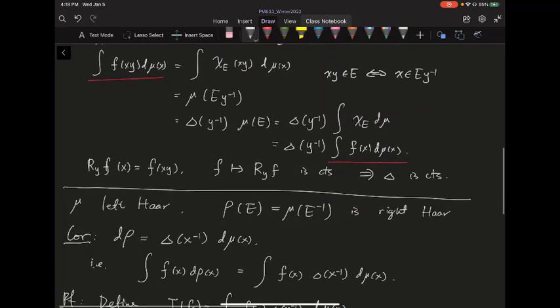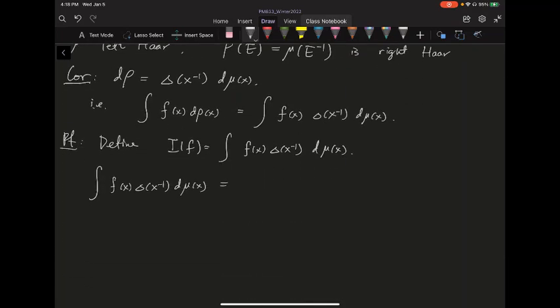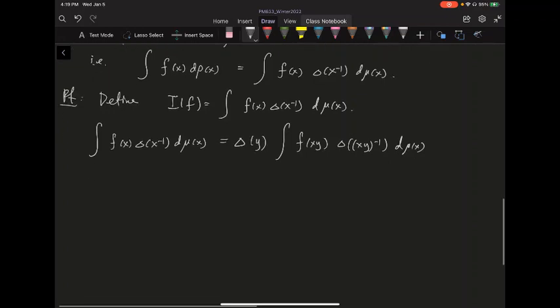All right, so this allows us to say, now I have an integral and I want to right translate everything by y. So I have f(xy), everything translated by y. I have (xy)^{-1} here, and then dμ(x). And the compensation is I need to multiply by Δ(y) here. Again, Δ is a group homomorphism, so Δ of x^{-1}y^{-1} is Δ(x^{-1}) times Δ(y^{-1}). Δ(x)^{-1} is just a scalar, we don't care about the sequence.